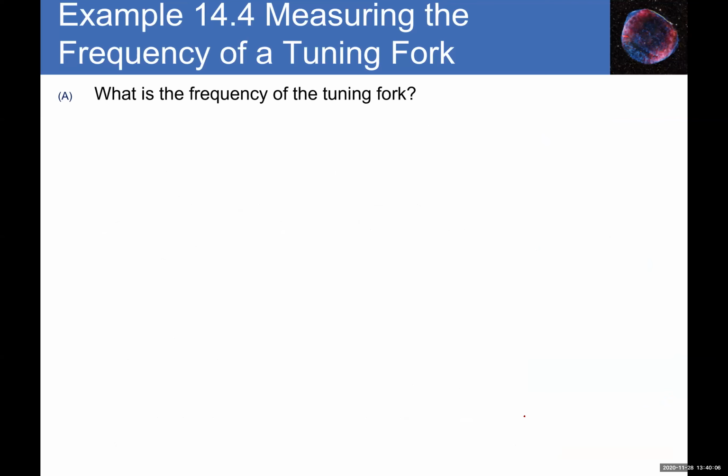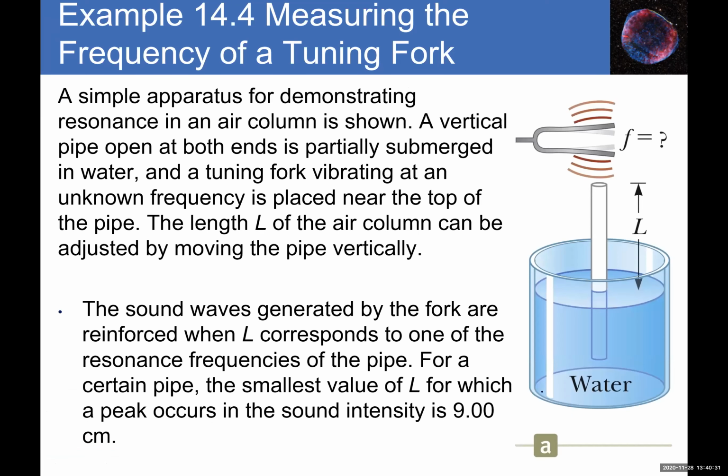So then what is the frequency of the tuning fork? Okay. All right. So what we're given here is that L is 9 centimeters, which is 0.09 meters. And we know that we're talking about the air column, right?